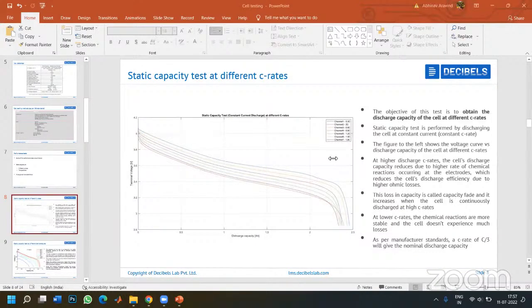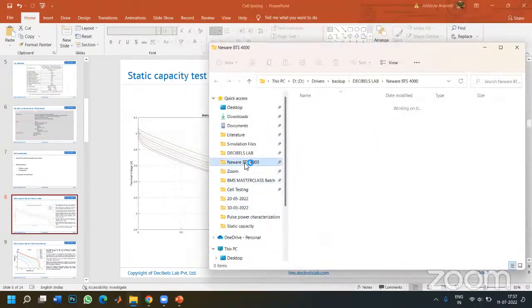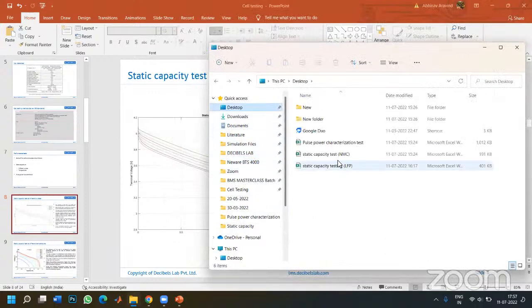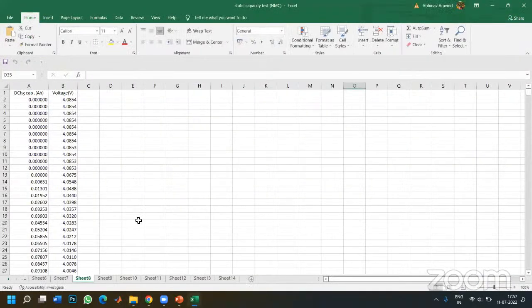I hope that all of you have received it. It is the static capacity test for an NMC cell, NMC being a nickel manganese cobalt type cell. You can just download this file, and once you have downloaded it, please open a specific page. I will let you know which page that is. There are up to 14 different sheets.